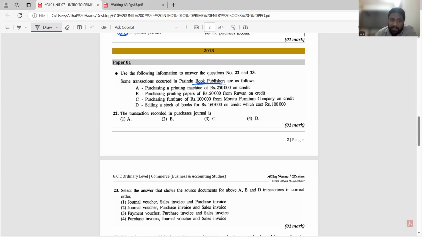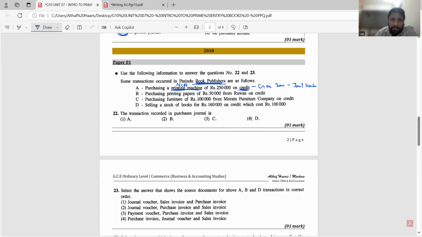So the printing machine is a non-current asset to Pasindu. Non-current asset purchased on credit. Other item, not stock, not the main item. Some other item purchased on credit. General journal, source document, journal voucher.